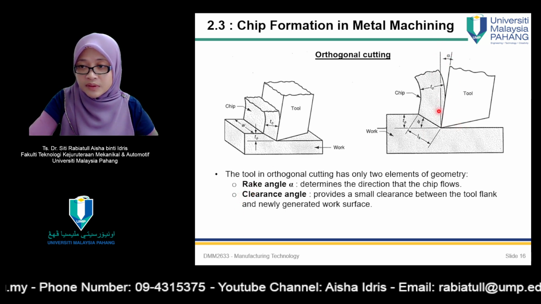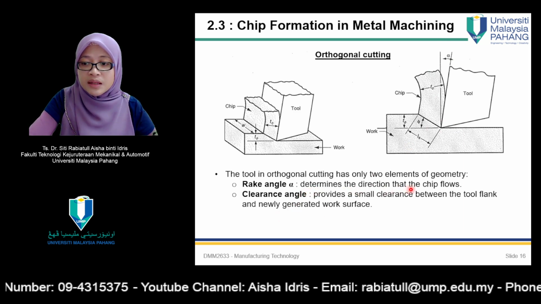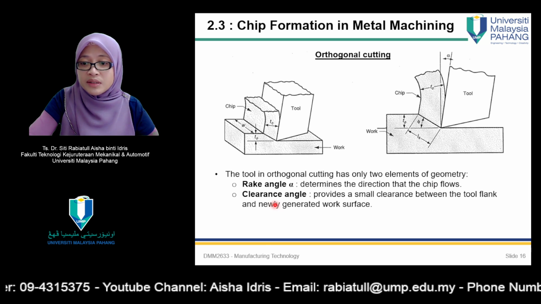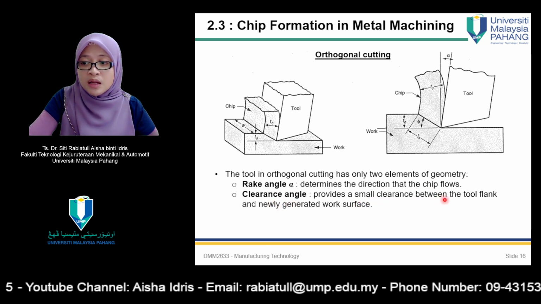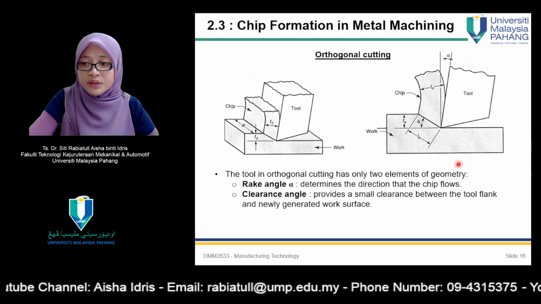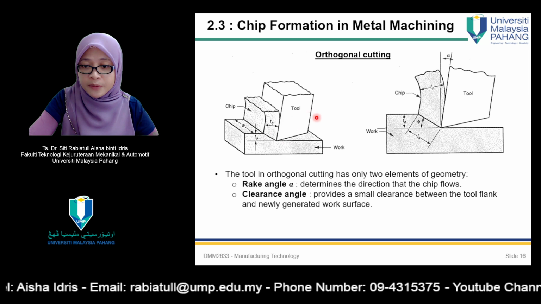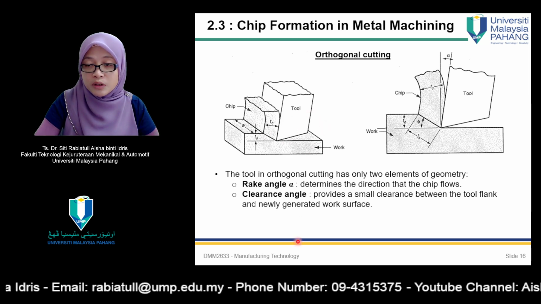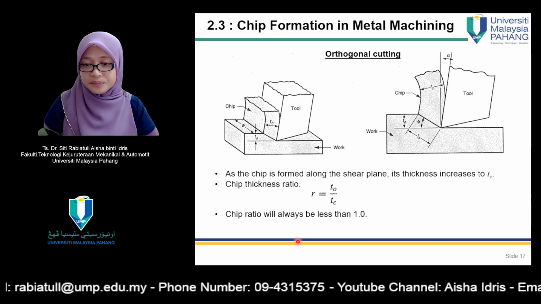This one determines the direction that the chip flows. Clearance angle provides a small clearance between the tool flank and the newly generated workpiece. So this part is the clearance angle. That is what happens in orthogonal cutting.